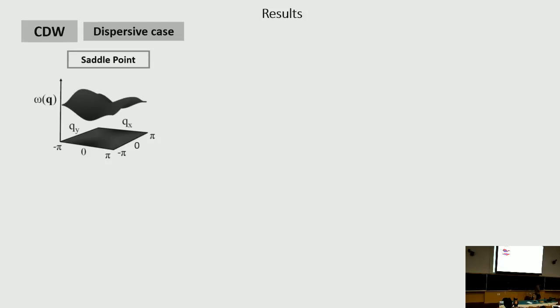Okay, so what happens if I have a saddle point case? For a while, everything here is Peierls-like, okay? But what happens if I have a saddle point? If you think of the previous example, on one hand we can expect charge density wave because we have a maximum for some points, but I have a minimum for other points, so we can expect that the charge density wave can be destroyed.